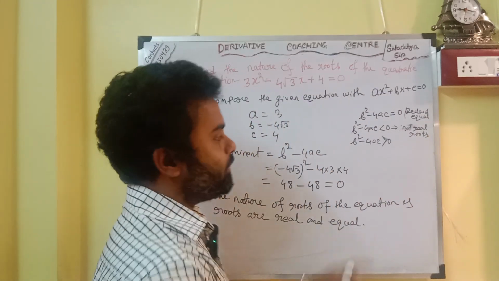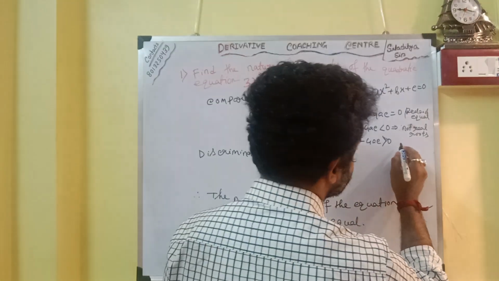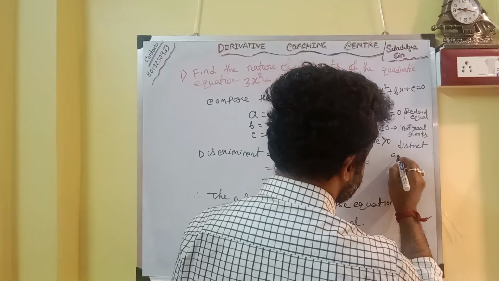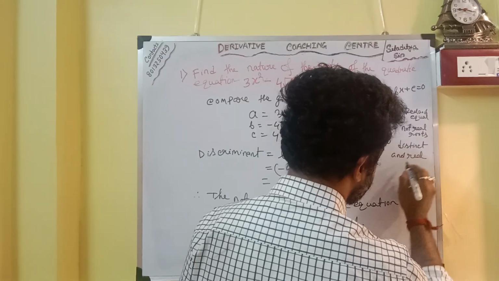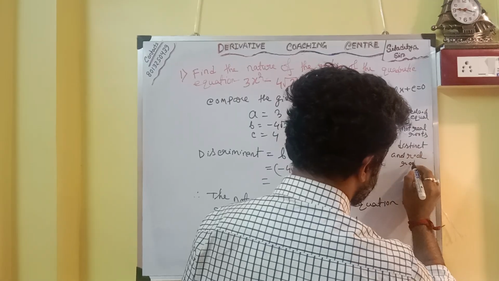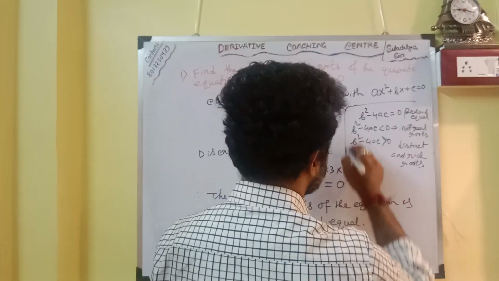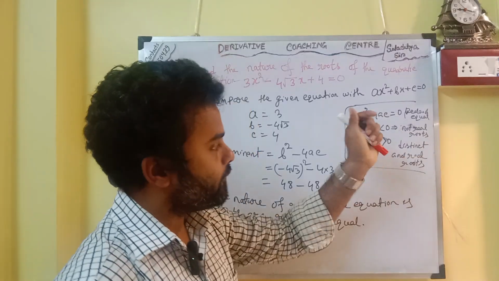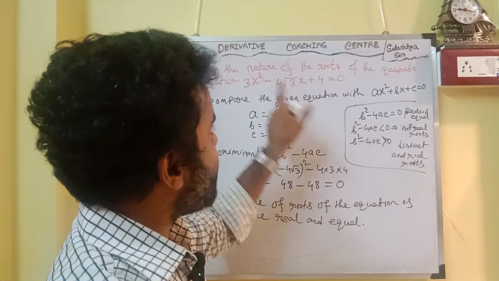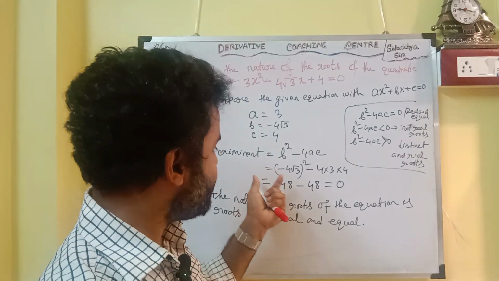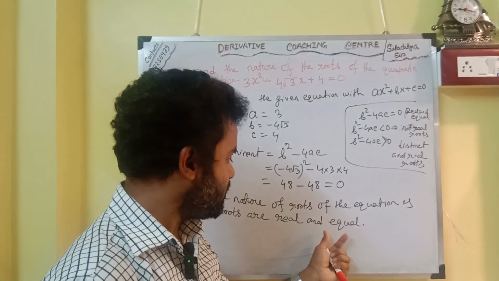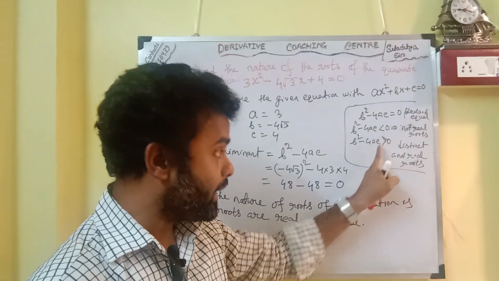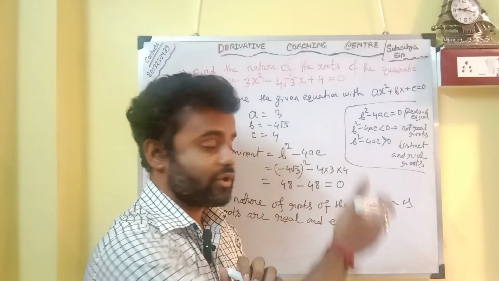And if you find that b squared minus 4ac is greater than 0, that means distinct and real roots. Read the three conditions and remember them, very important for these problems. To find the nature of the roots you have to find the value of the discriminant. If the discriminant is 0, the roots are real and equal; if it is less than 0, the roots are not real; and if greater than 0, the roots are real but distinct.